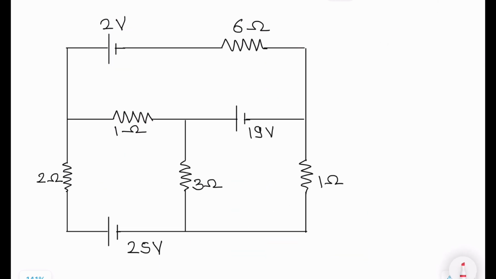Let us see now, if three meshes are there, how to handle the problem. Going quickly, this is your first mesh. Current for this mesh will be represented as clockwise current I1. This is your second mesh. Current through this will be represented as clockwise current I2, and this is your third mesh.